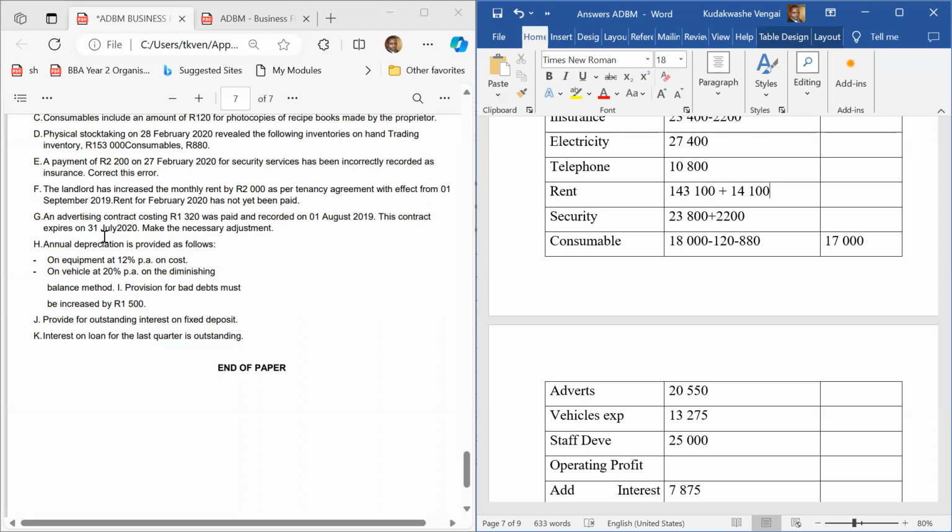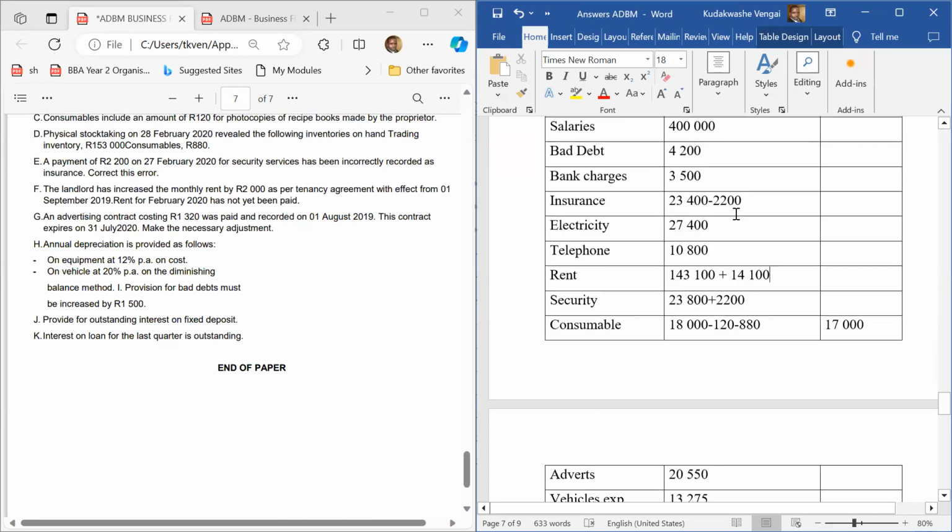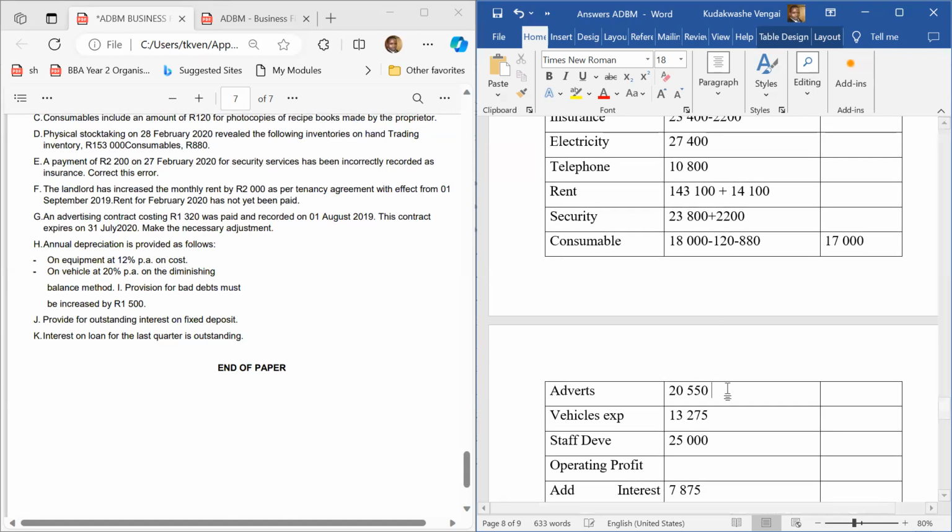So it's going to be 5 months multiplied by the monthly expense, which was 110 Rand. So we go to advertising, and minus 110 multiplied by 5. Right. We go to the next one.